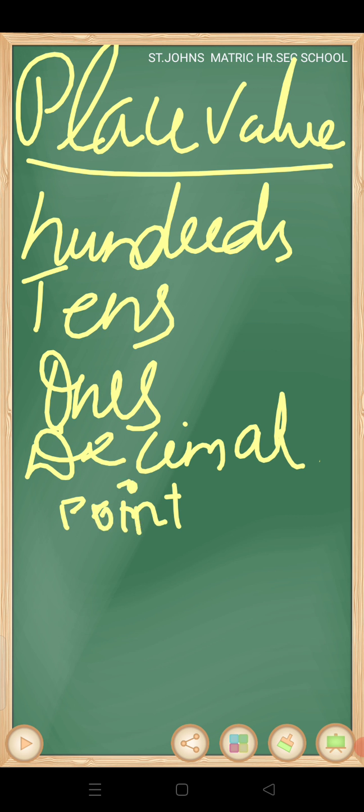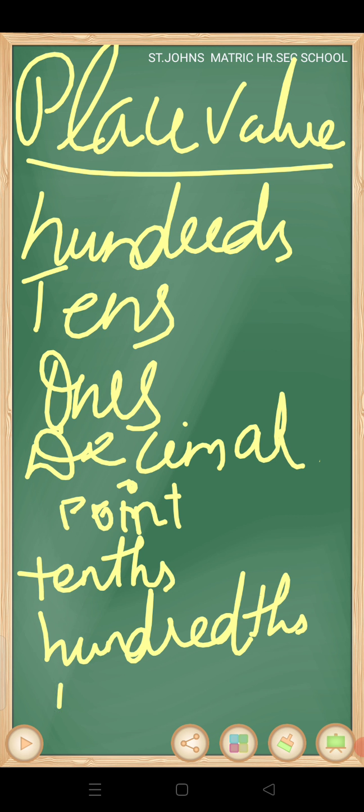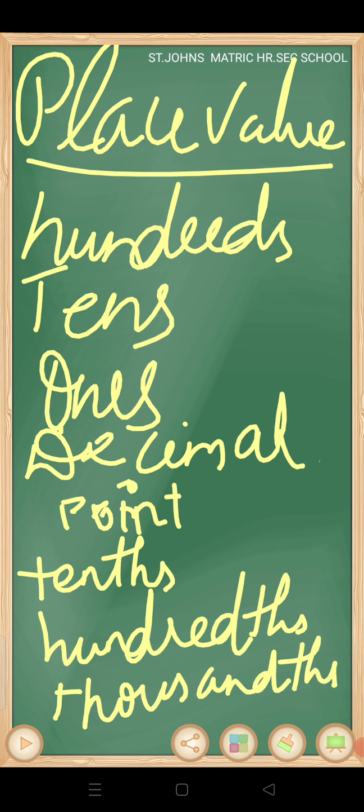Okay. Then after this we have tenths, hundredths, then thousandths. Like that you have the place value.